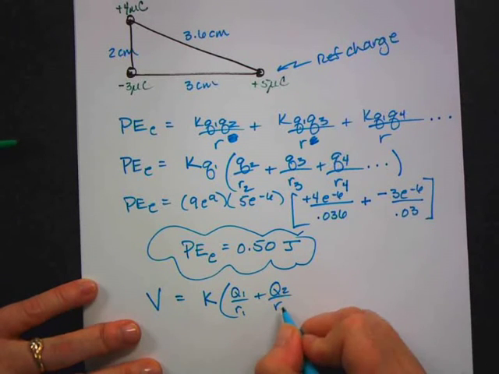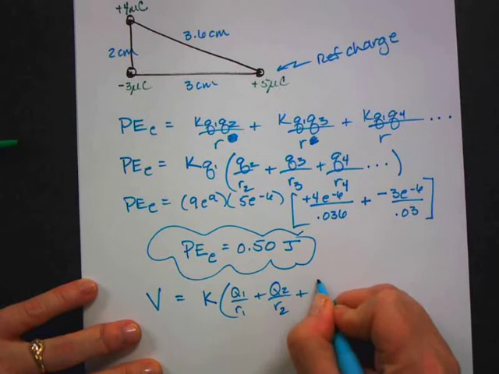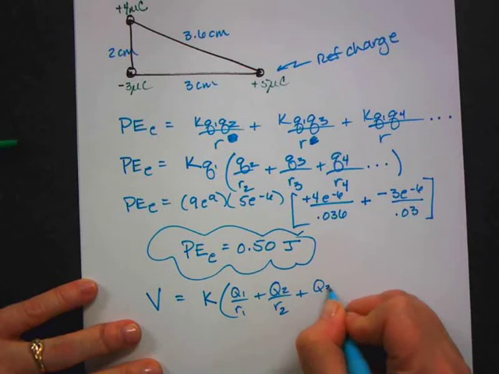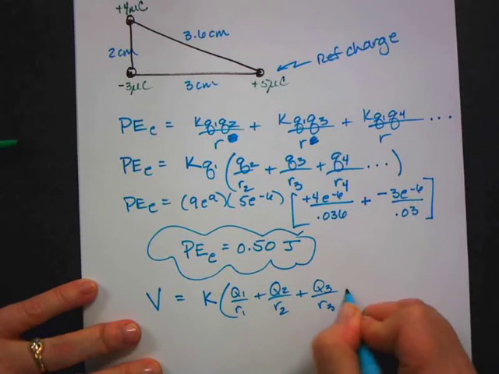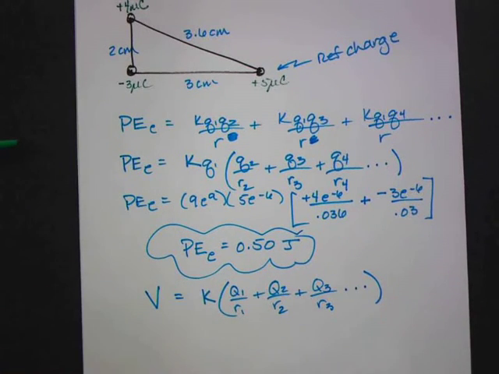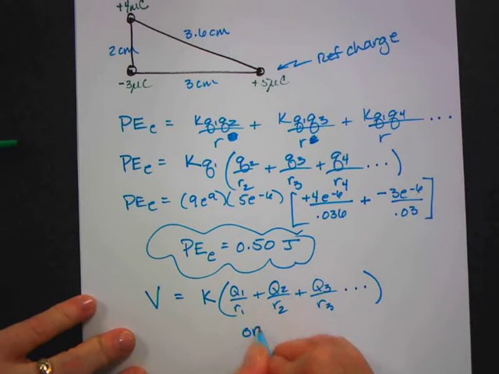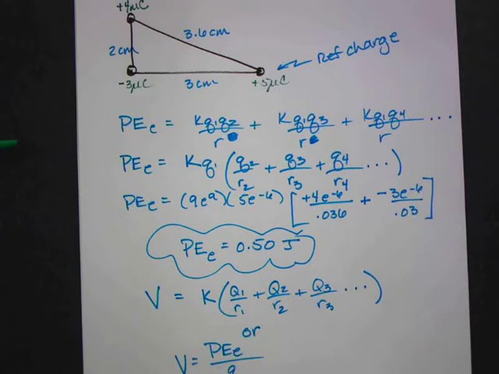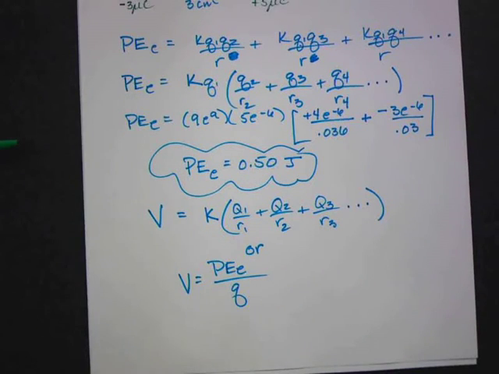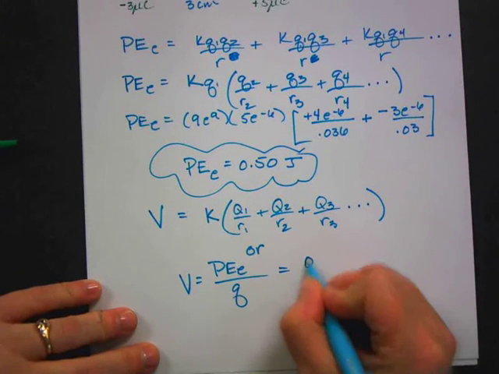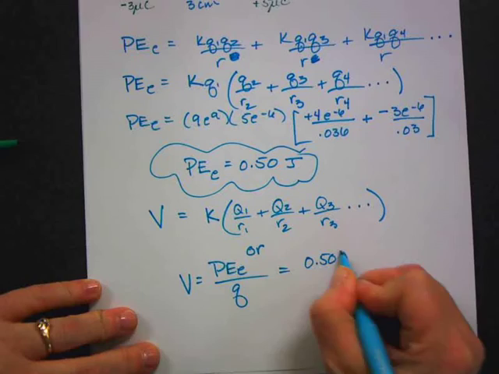Voltage would be K times the quantity, Q1 over R1, plus Q2 over R2, dot, dot, dot. I'm doing big Q because which Q did we get rid of? Yeah, the little q, the test charge.